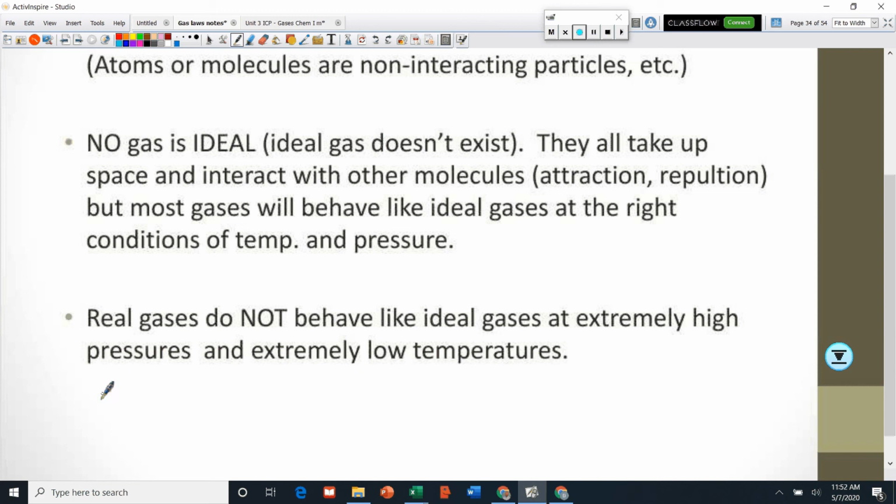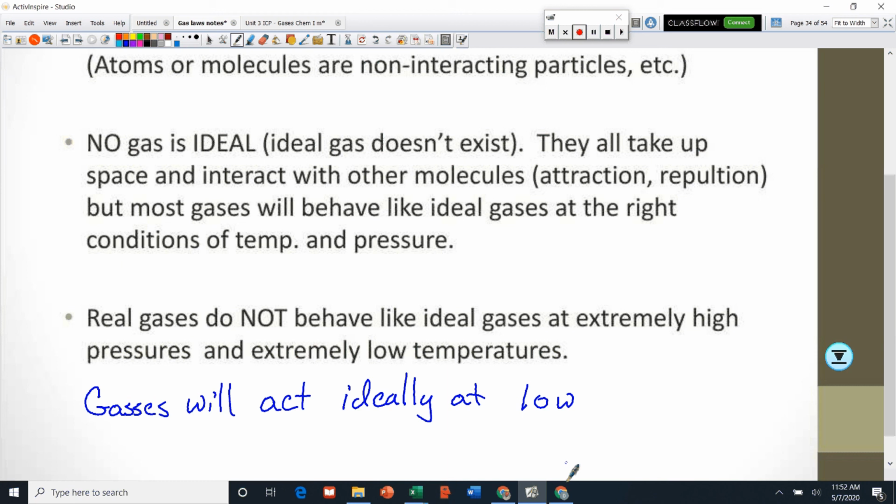Another way to make this statement is that gases will act ideally at low pressure, because the molecules are really far apart, and high temperature.